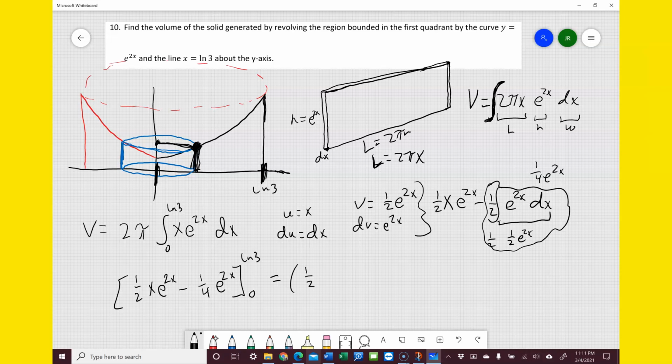It's going to be 1/2 ln 3 e to the 2 ln 3 minus 1/4 e to the 2 ln 3, minus 1/2 times 0 times e to the 0, which is going to be 0 anyway, minus 1/4 e to the 0.